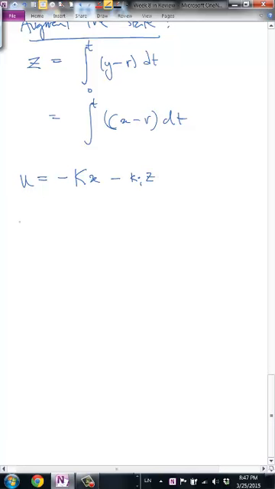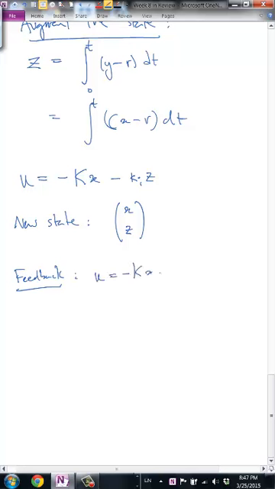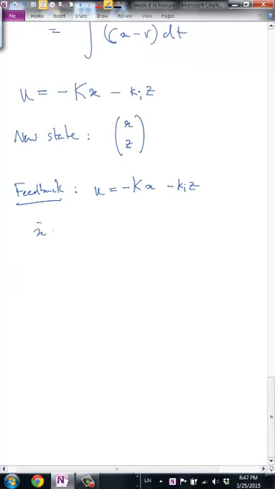But now we have our new state, which is one bigger, x and z, and therefore our feedback control is going to be proportional to the entire state, so proportional to x and proportional to z. So let's plug this in and see what we get. We have x dot is equal to Ax plus Bu plus this annoying disturbance that we don't know about.